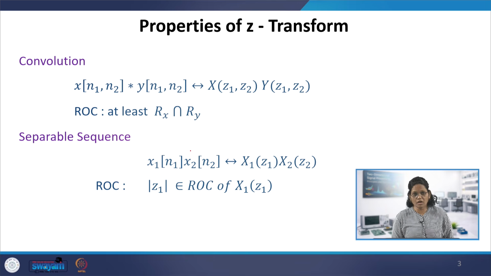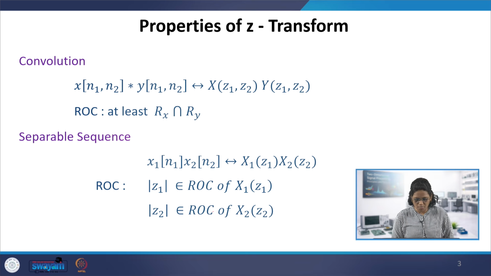So what about the ROC of this? Suppose the ROC of the first sequence is for z1, belonging to x1 of z1, and the second sequence x2 has the Z transform x2 of z2, and its ROC is for z2, belonging to the ROC of x2. Then both of them would be combined, z1 belonging to its ROC and z2 to its own, so both are used in the ROC of a separable sequence.